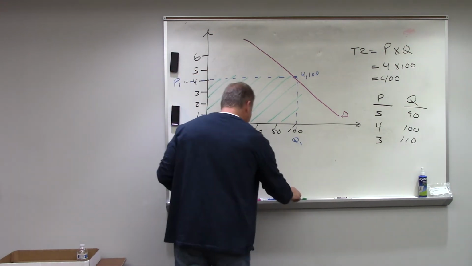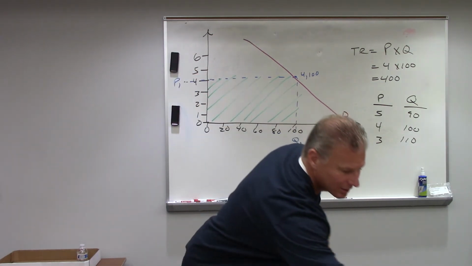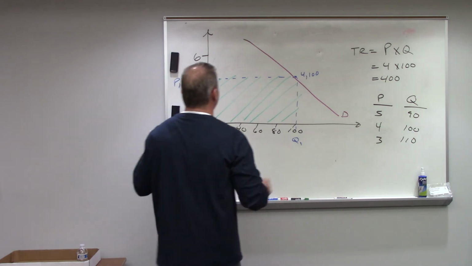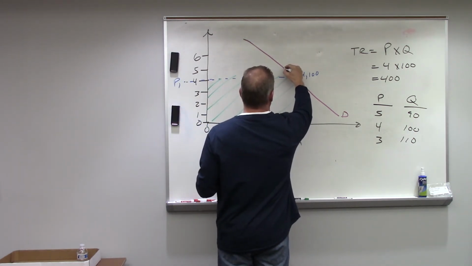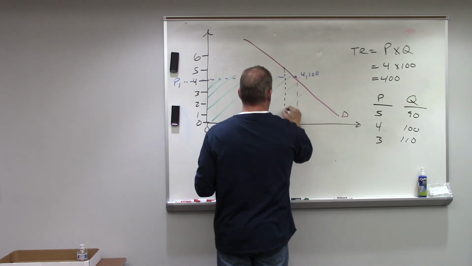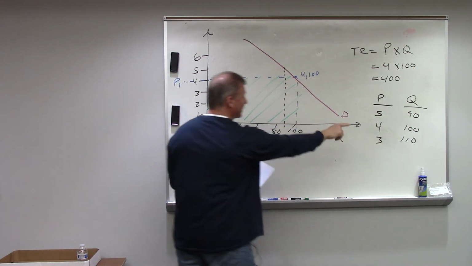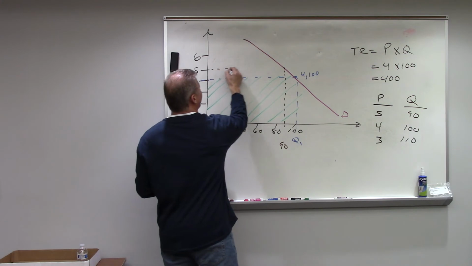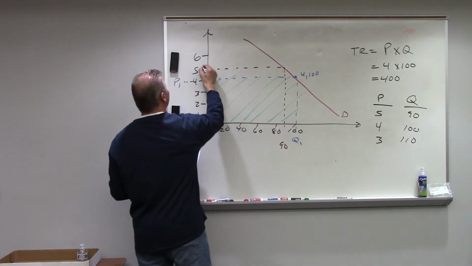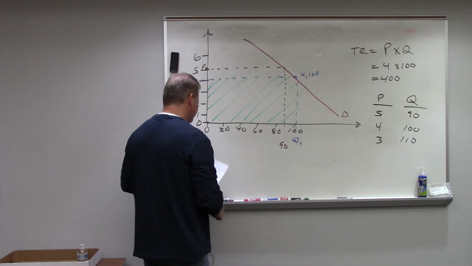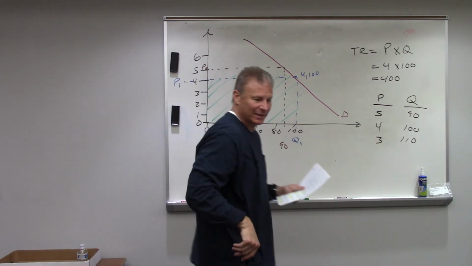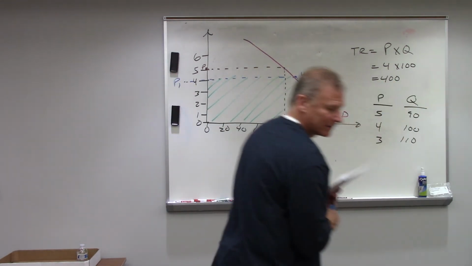Let's go with a little dark brown here. So we know at 5, it would be 90, just because there's your schedule. We can call this P2 if you want, it really doesn't matter. And let's go with the light blue here.